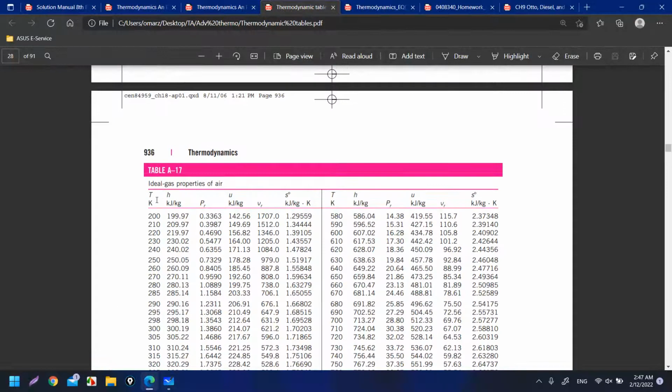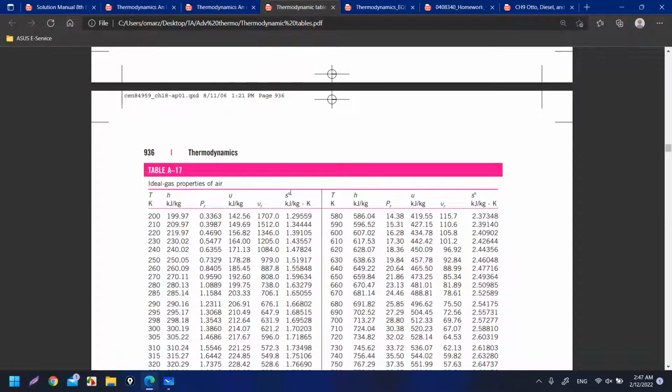In this table we have the temperature, enthalpy, relative pressure, u the specific internal energy, and vr the relative volume, and s naught is the entropy relative to the absolute temperature in Kelvin.